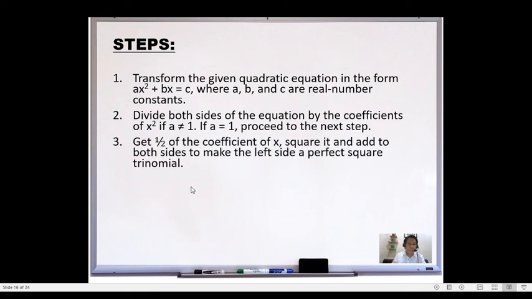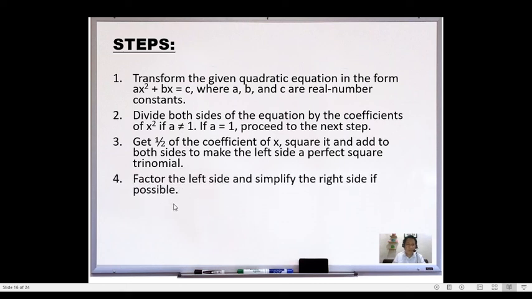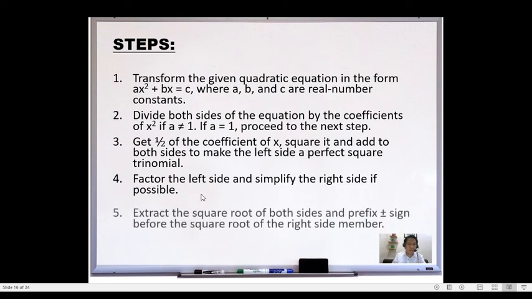The third step, get 1/2 of the coefficient of x, square it, and add to both sides to make the left side a perfect square trinomial. And then the fourth step, factor the left side and simplify the right side if possible.